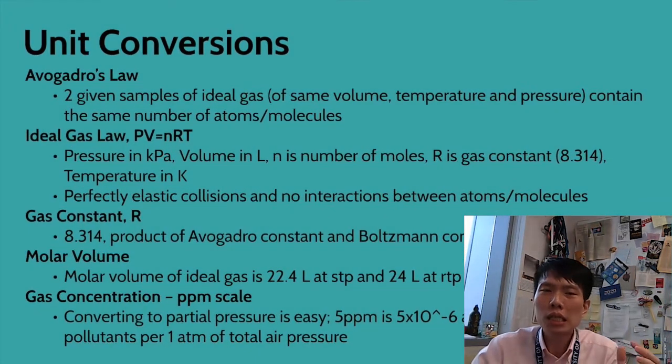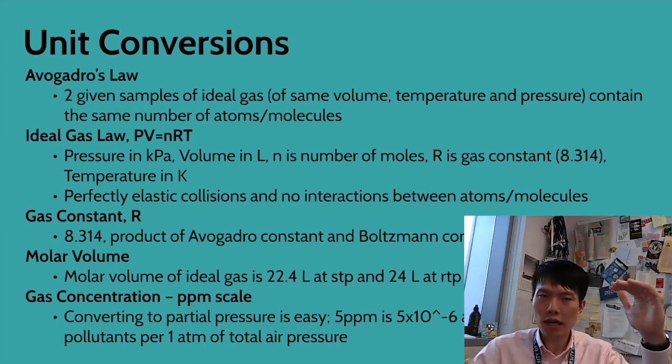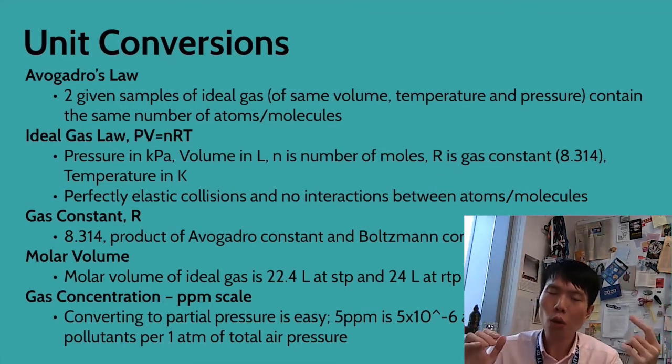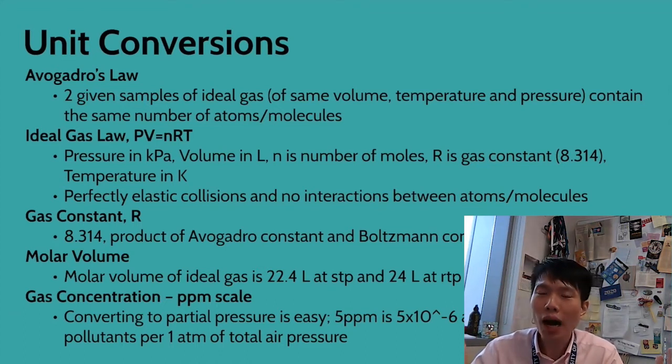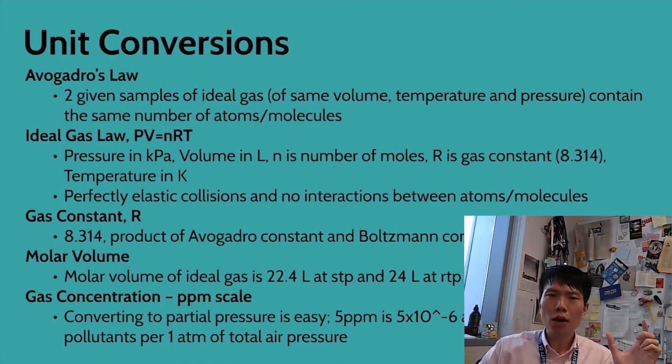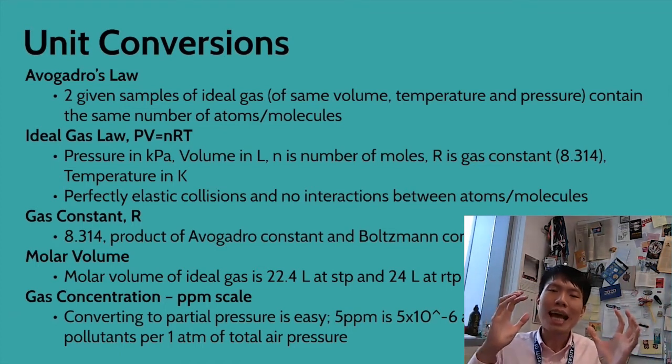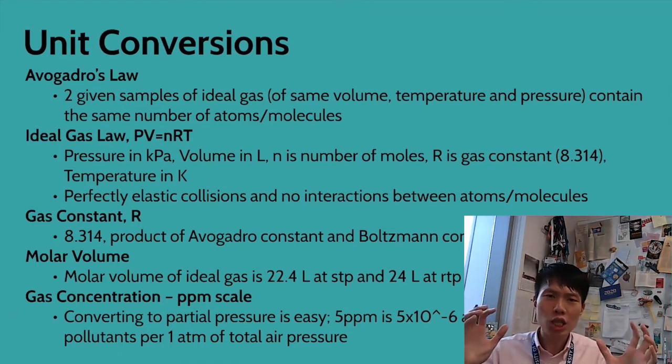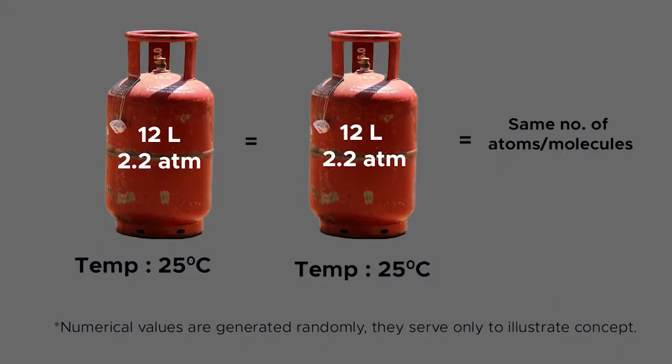Now the next part is unit conversion. There are some things you have got to know, listed on the slide. Number one is Avogadro's law, which you learned in secondary school. Avogadro's law says that two given samples of ideal gas of the same volume, temperature, and pressure contain the same number of atoms and molecules.